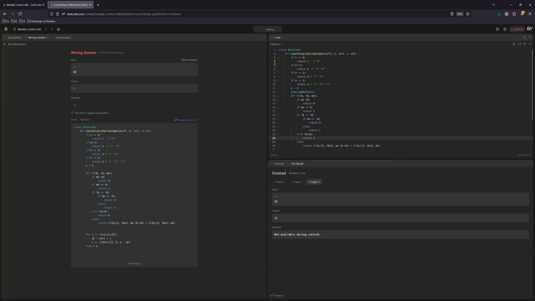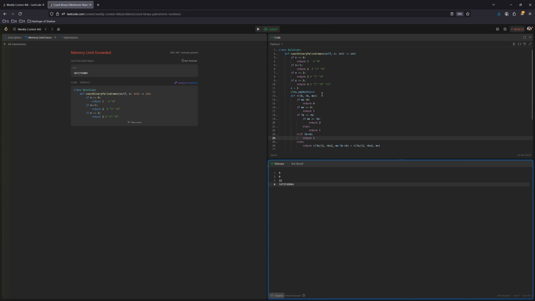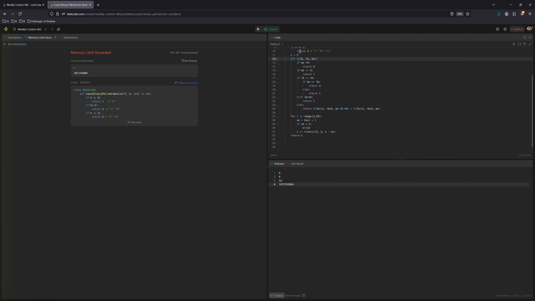Am I printing? I feel like I put a print statement in. Memory limit exceeded. Use test case.